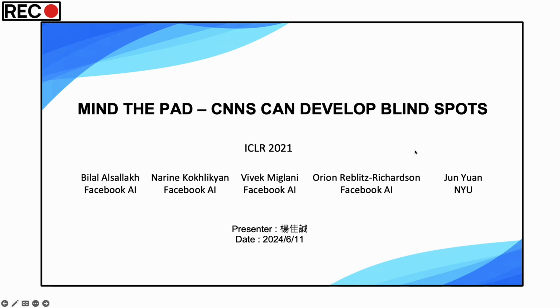Since new members have joined, let's quickly review the content of the previous paper, "Minor pad, CNN can develop blind spots," because some concepts from it are used in this paper. Here's the thing.